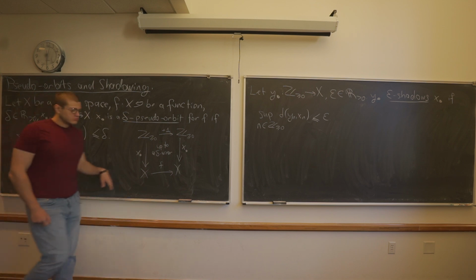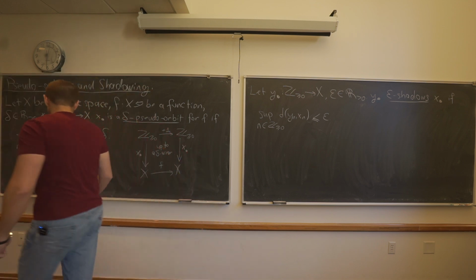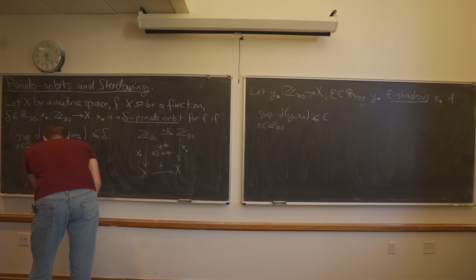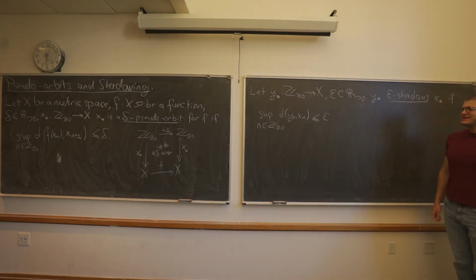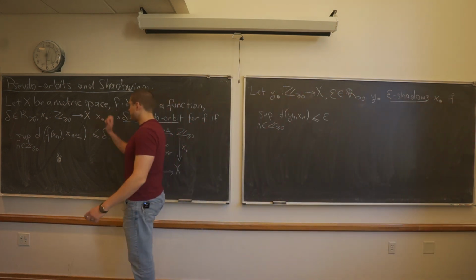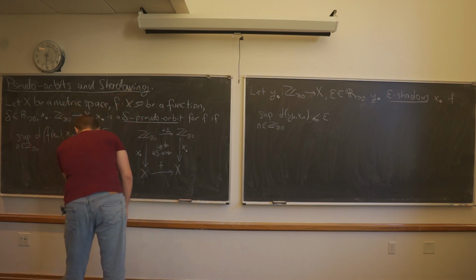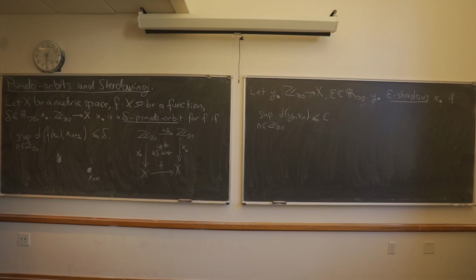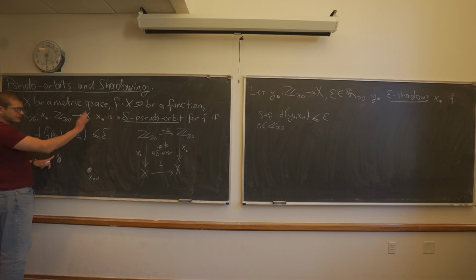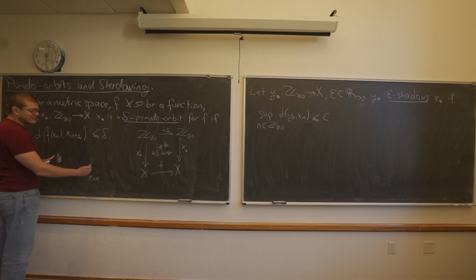Okay, so let's look at this expression here. Here I have this marked point at time n given by this alleged pseudo-orbit. And somewhere here, let's draw it like this, is the next marked point. So what I'm going to do is apply f once to this point, and I'm hoping that when I apply f to this particular point in my sequence, it's going to land somewhere near the next point in the sequence.